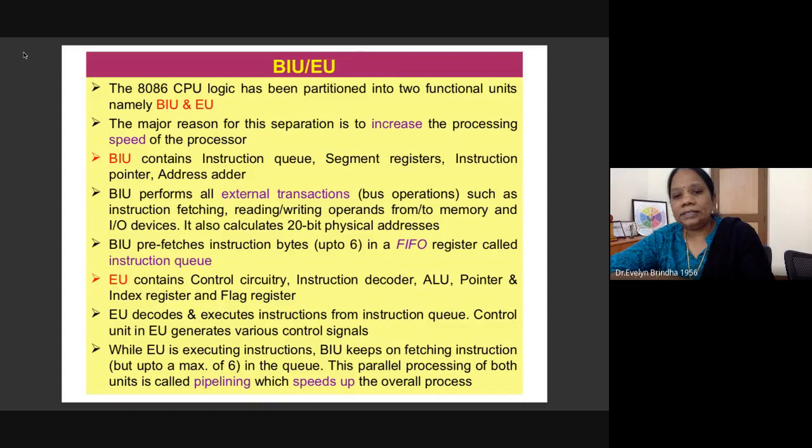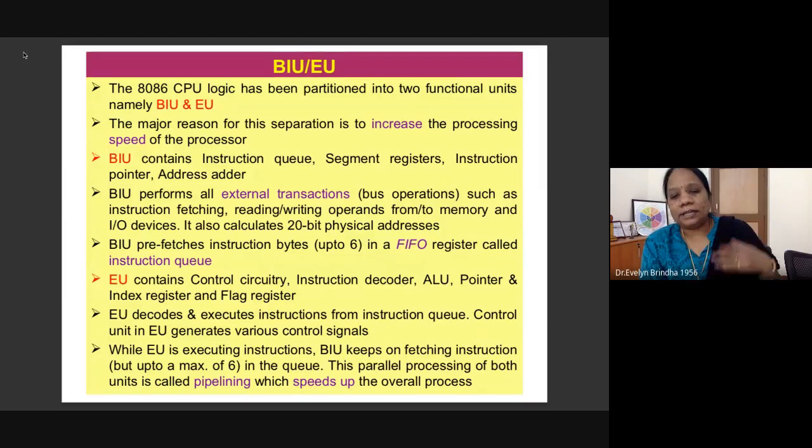And third is read and write data from IO device. That also is done by BIU. And one more important task that BIU does is it will calculate a 20-bit physical address. So this is something new which needs more explanation. As of now, just take it. Maybe in the later part, I will explain to you how this calculation is done.